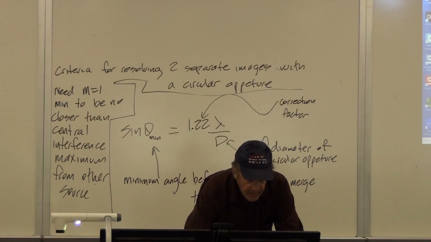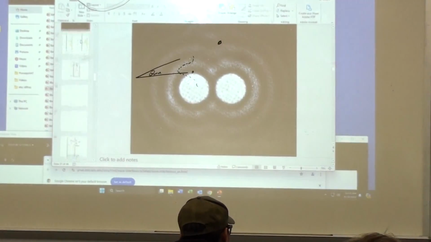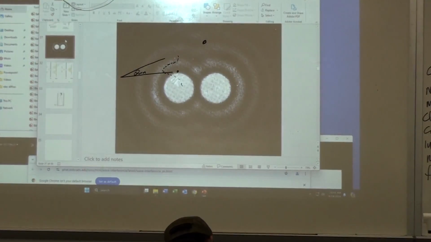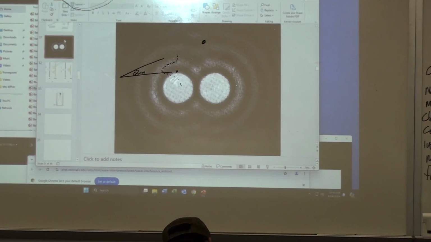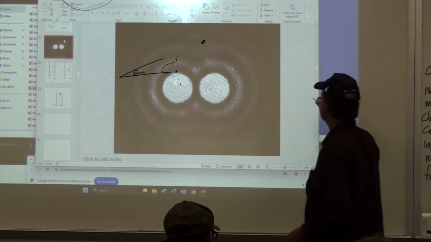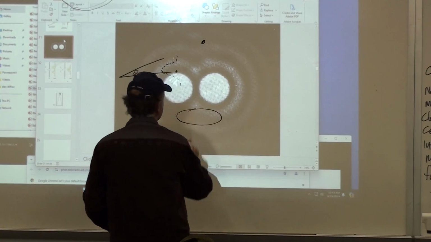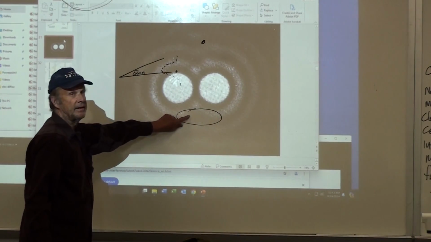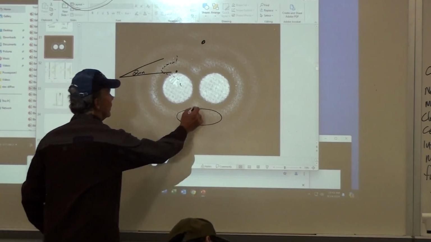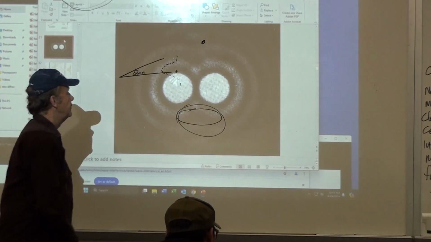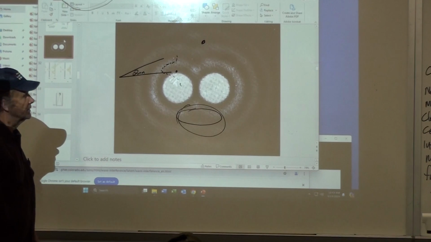So in this last picture here, you can tell the difference, but when they merge together, you can't. If you brought them closer together in that other picture that I showed you, it would look like this. Now you can't tell the difference between them anymore, and you can't resolve them as separate objects.